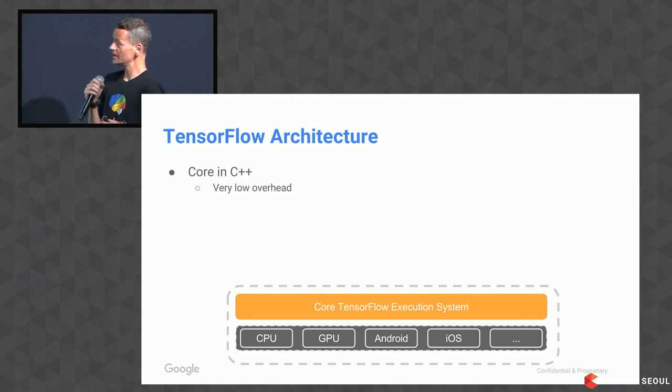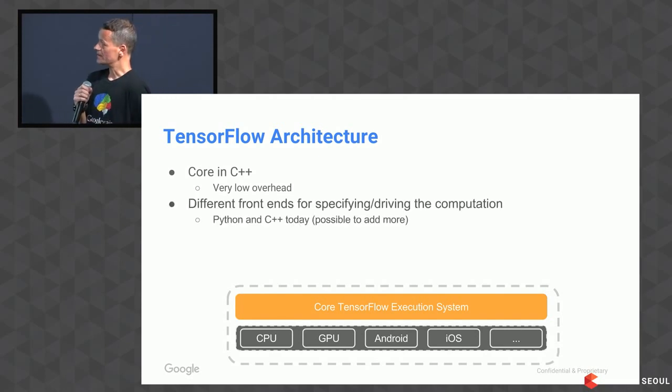Okay, so we'll talk a little about the TensorFlow architecture. The core is in C++, and the reason is because it's very low overhead. Probably all the main people in the team use C++ for almost everything. I think it's the right choice for the low-level operations.